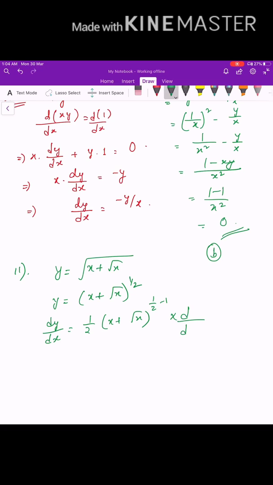Chain rule. Since this is not x, this is x plus root x. So to the power minus half, going down, plus half. The derivative of x is 1 plus root x. It becomes this. You can check it. Option C.